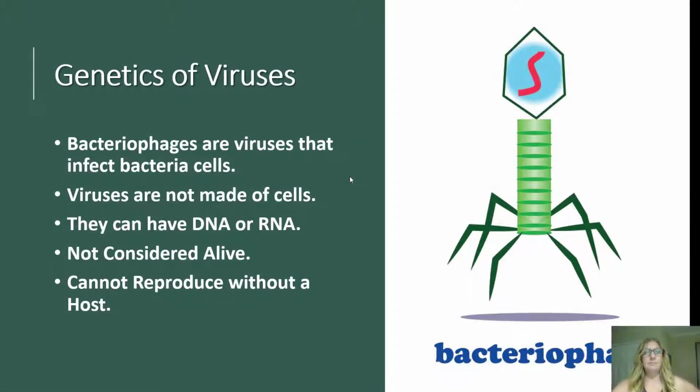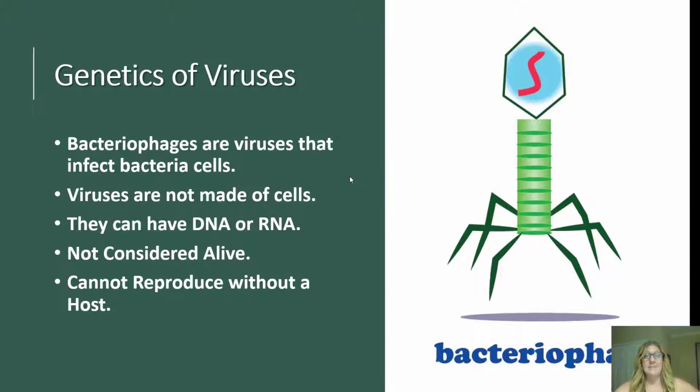Okay. Next, I want to talk about the genetics of viruses. Bacteriophages are a nice group to study. Bacteriophages are viruses, but these are viruses that specifically attack and infect bacteria cells. Viruses are not made of cells themselves.